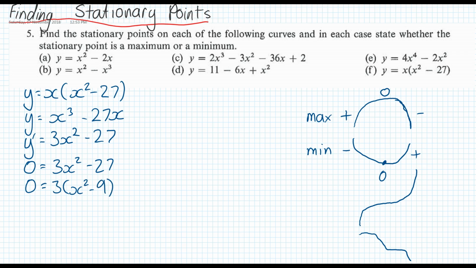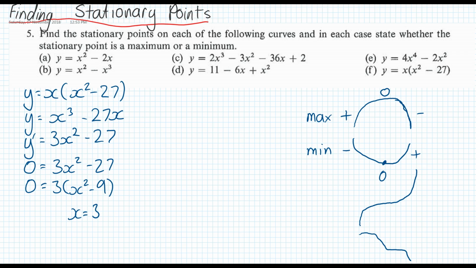Okay, and now we know that sort of what squared equals 9? Well, x equals 3. Okay, and the reason I know that is this is 3 times something in brackets, so I use my null factor law. I want to make the brackets 0, and what squared take away 9 gives me 0, well 9 take away 9 gives me 0, and 3 squared is 9, which is the logic behind that.